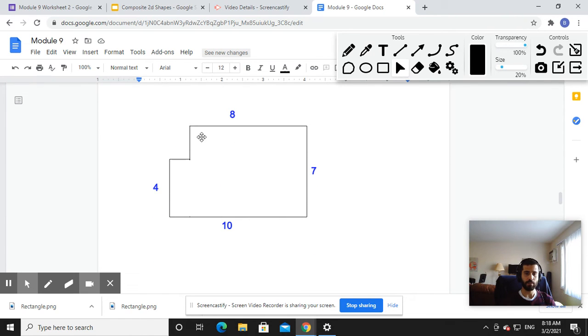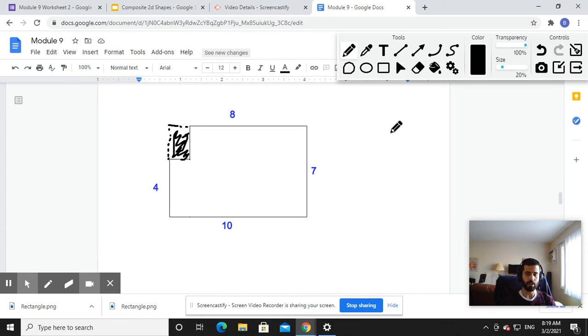Okay, so now finding the area of this shape, and this one we can actually think of subtracting. What I would like to do is think first of a giant rectangle, and maybe it's like a candy bar, and then someone took a bite out of it right here. So if this filled in spot were actually part of the rectangle, then we'd have 10 on this side, 10 on this side, 7 on this side, 7 on this side.